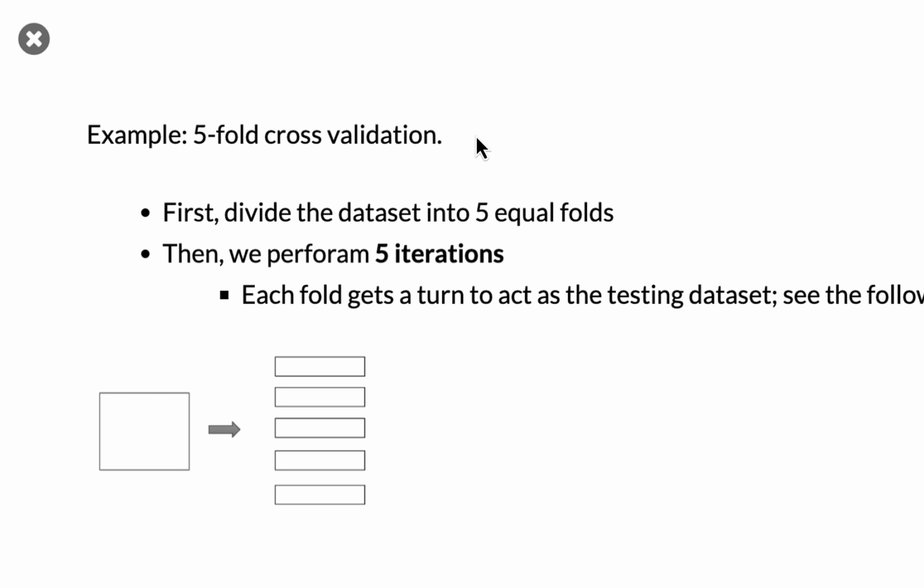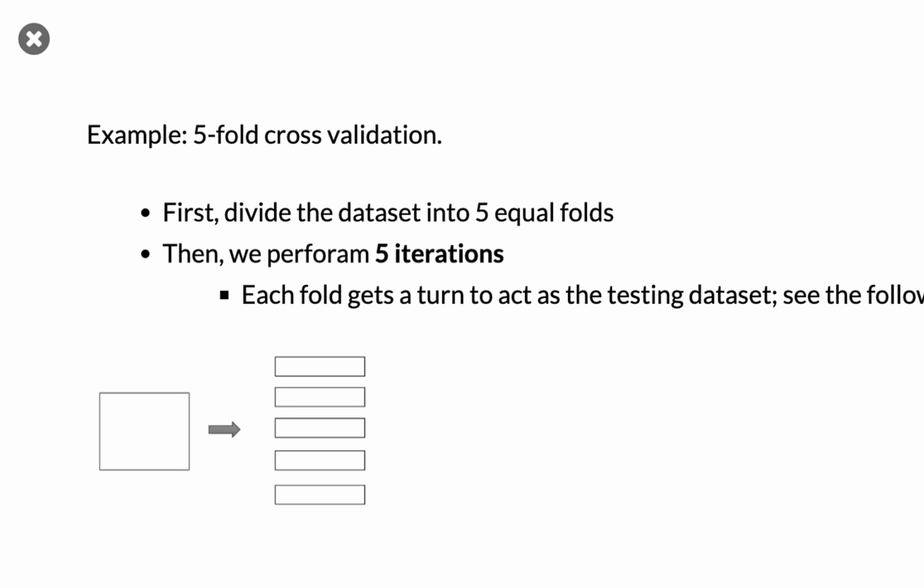For example, if we have 5-fold cross-validation, the very first thing we do is take the original data set and cut it into 5 folds. In other words, we simply divide it into 5 equal portions. Right? So this is the first step. And then we're going to perform 5 iterations if we are doing a 5-fold cross-validation. Let's see how we can do that.